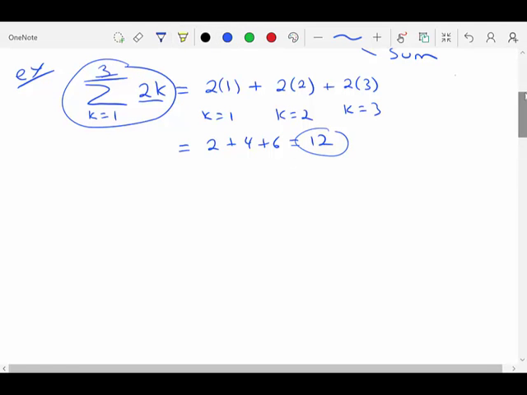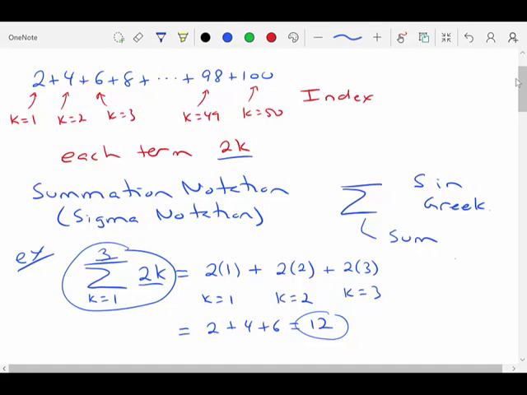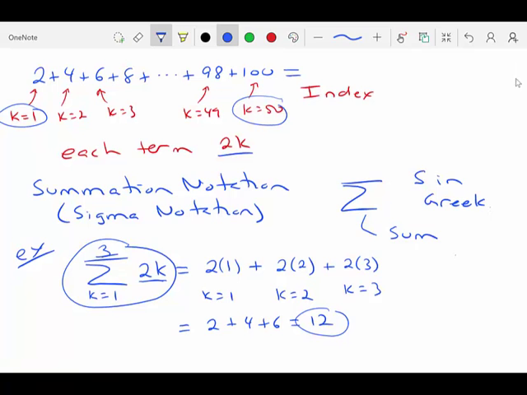If I consider my previous example, I would be looking at the same argument, 2K, but I'd be starting at K equal to 1 and going all the way up to K equal to 50. So I could write this sum as being, here, the sum as K goes from 1 up to 50 of 2 times K. Now, you saw down here that the way that I evaluated it was just by figuring out what each term was and then adding everything up.